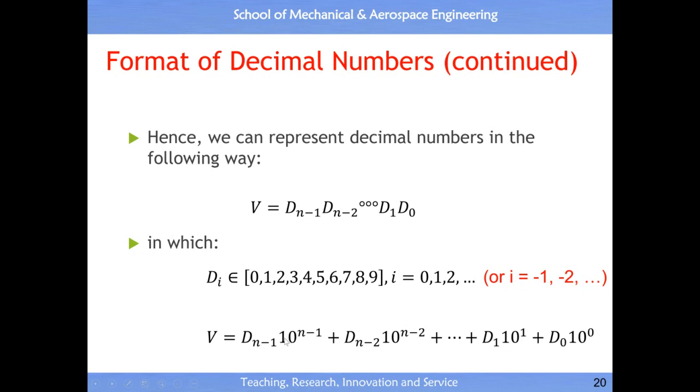So in this case, 10 raised to the power n minus 1. Then for this case, 10 raised to the power n minus 2, etc. All right, so this is a mathematical description of a decimal number, and it also shows how to evaluate the final value represented by such a series of digits.